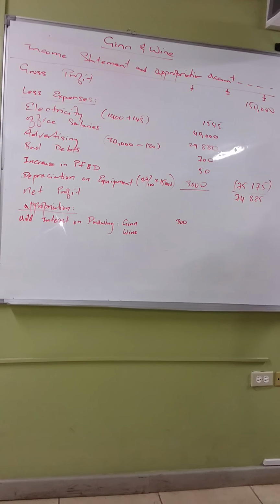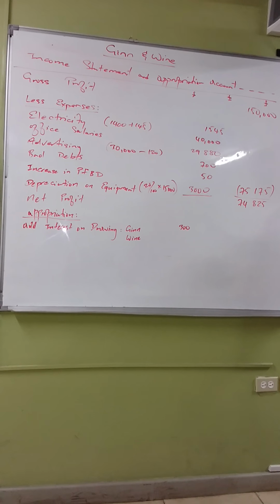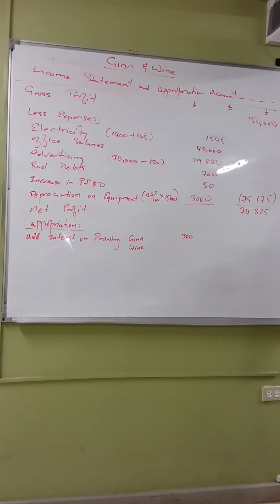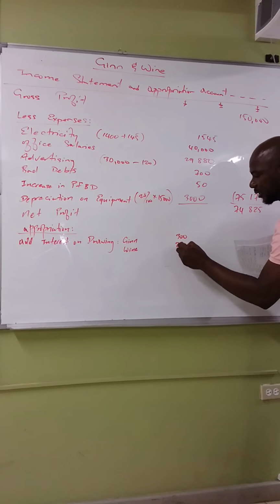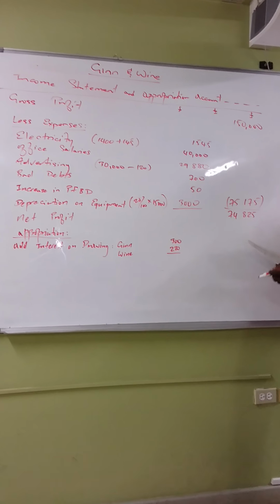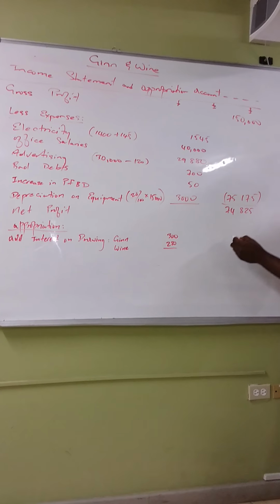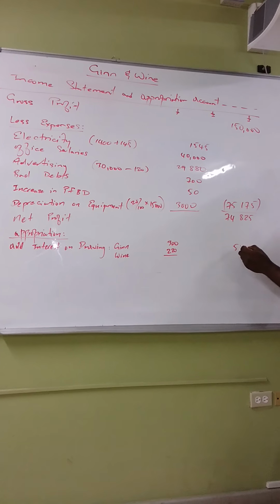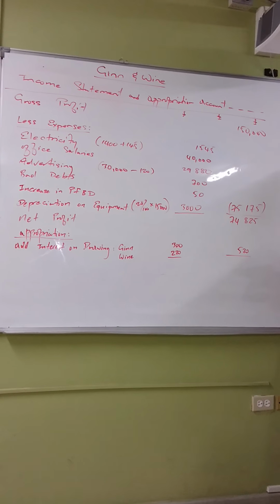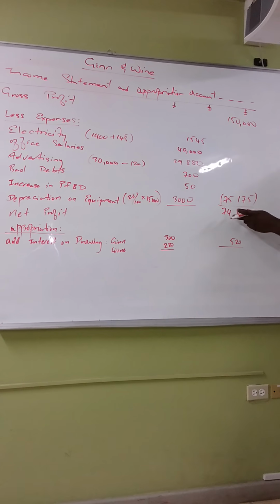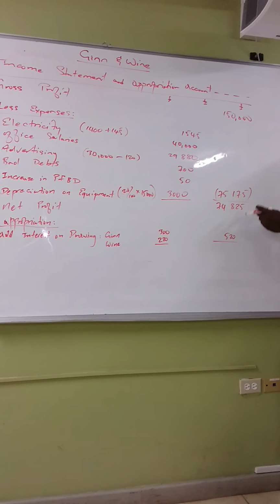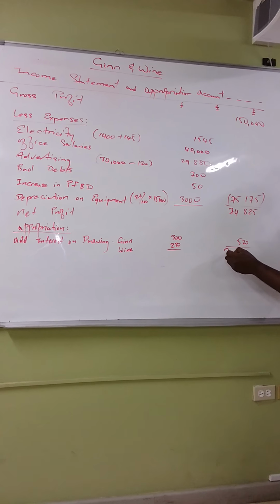And Wine's drawings was 4,400, so 5% of that 4,400 gives us 220. When we add both of these together, you get 520. Now this 520 added back to the 74,825 gives us a total of what?